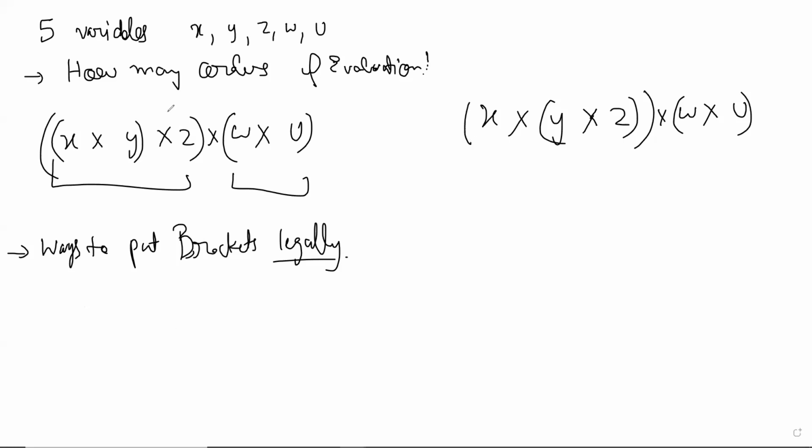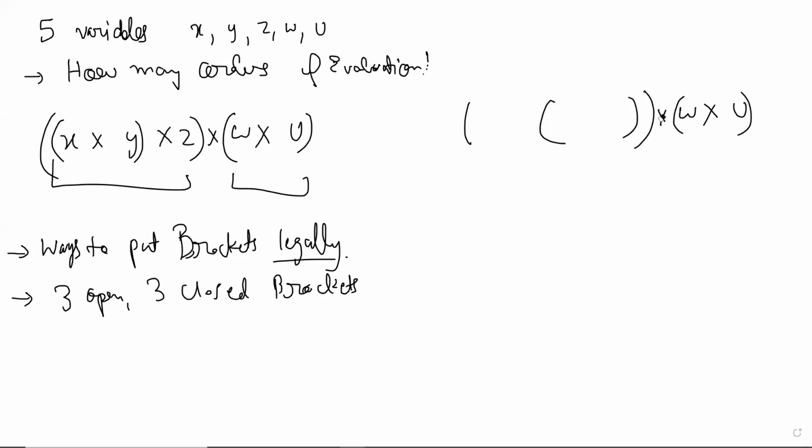So if I have 5 variables, then basically it means I have 3 open and 3 closed brackets. So basically we can just remove these things. It just boils down to a legal bracketing.